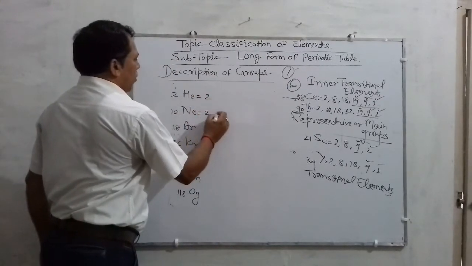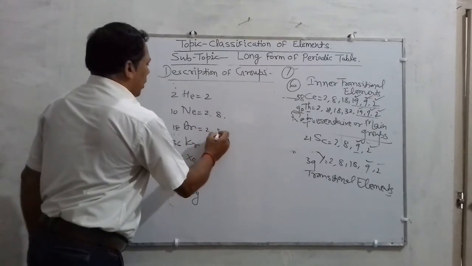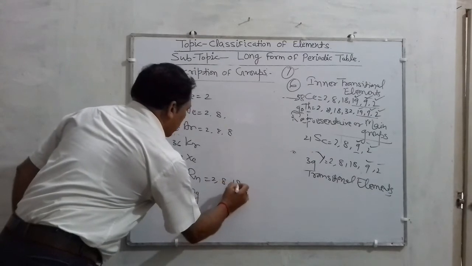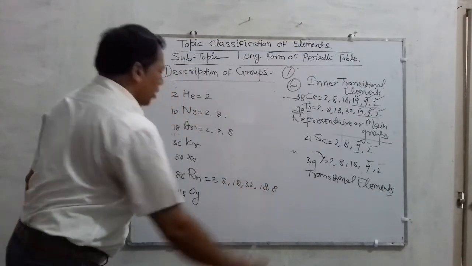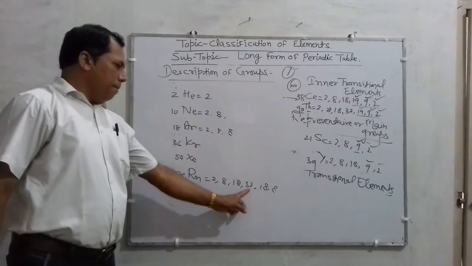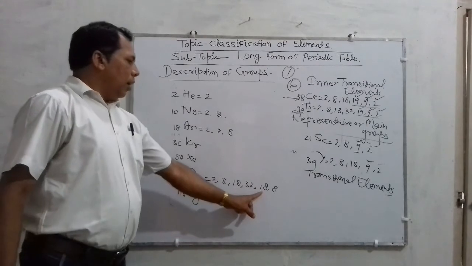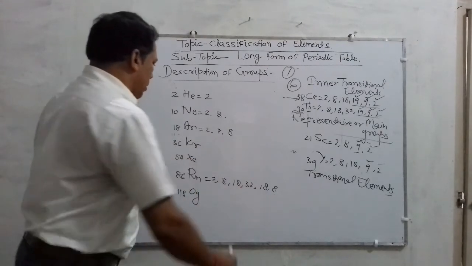That is 2, 8. Similarly 2, 8 and 8. Similarly 2, 8, 18, 32, 18 and 8. Is it 32, 50, 60, 60 and 78 and 8, 86.